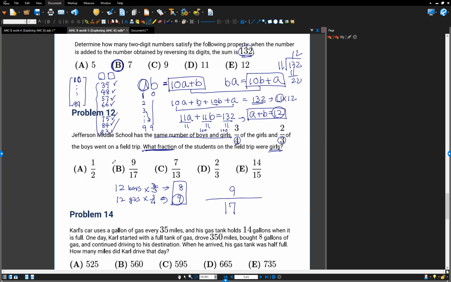This is another skill. When there's a new fraction or percent or ratio, better use some good number. A good number is a multiple of these numbers. That is a good number. 100 is not a good number, okay? I told you it should be a good number.